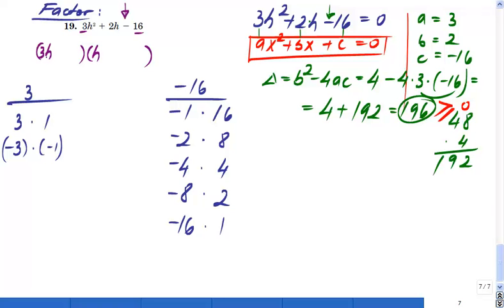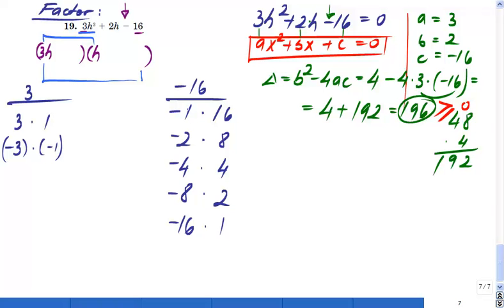Good. Now I'm thinking, if this one here is going to be 3h, I have to find which number will go here as the last one, such that when I multiply with FOIL, the first terms give 3h squared, right? Then I go with the outer terms.